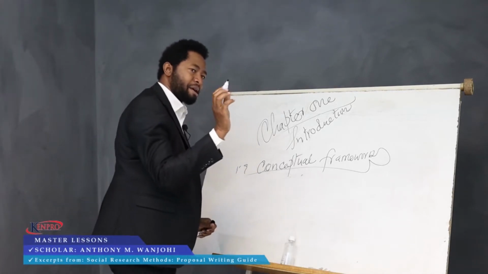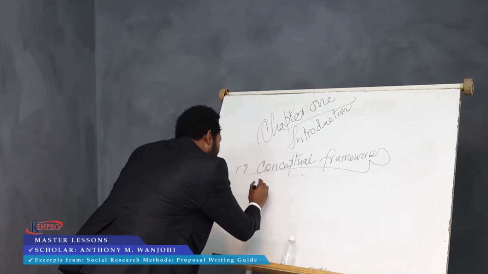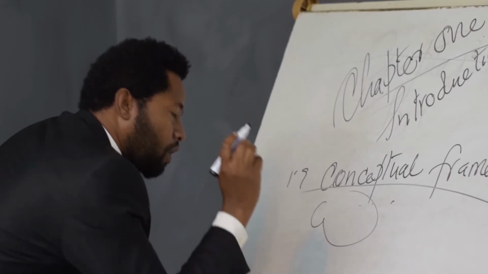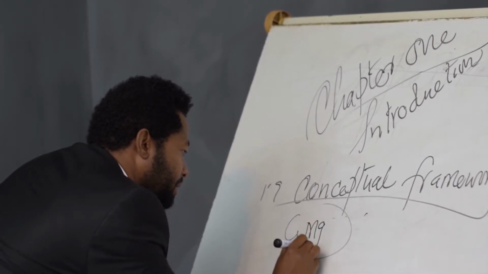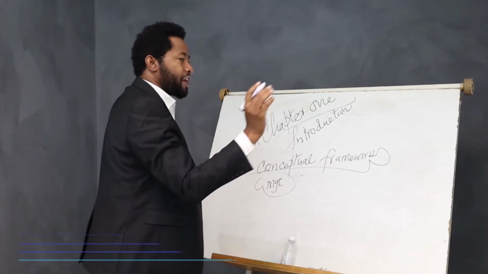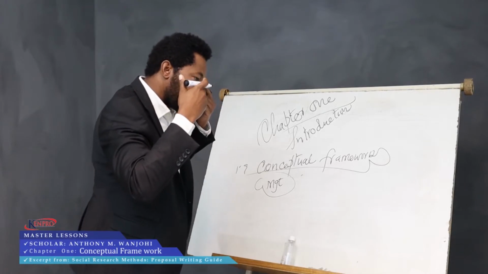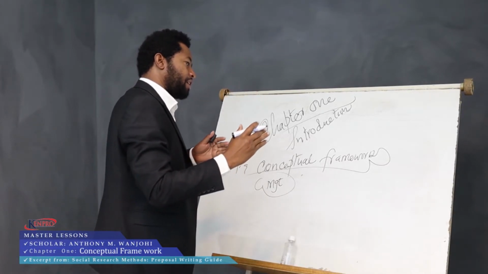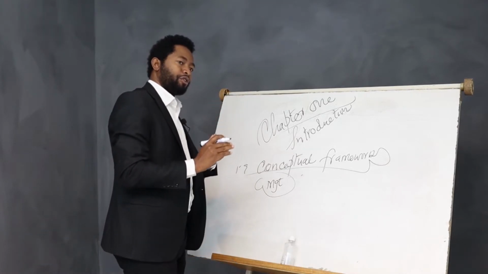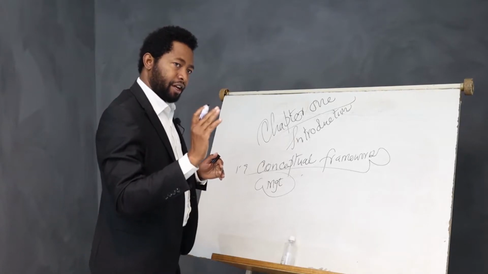Let's use our concepts. One, we had the concept known as management. These are theorized factors that influence students' academic performance, in the example that we have used in subsequent sessions in this presentation.